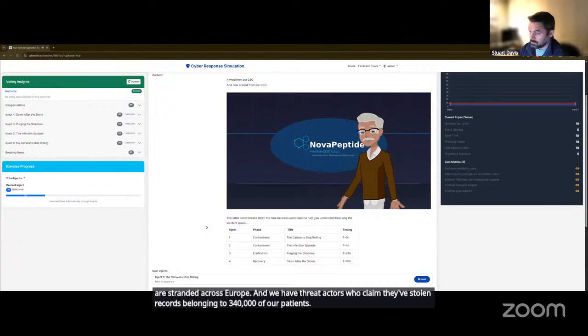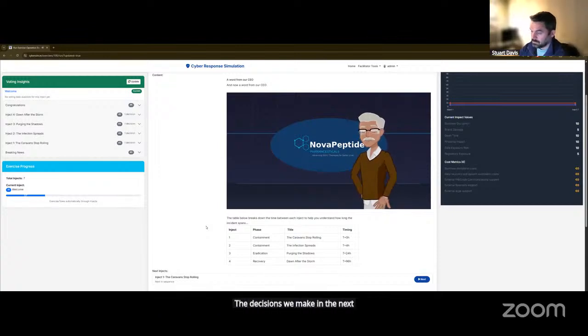The decisions we make in the next 96 hours will determine whether patients get their medication, whether their data stays protected, and frankly, whether this company survives. I need your expertise. I need your honest input. No idea is off the table, and no concern is too small to raise. We're going to work through this together, one decision at a time. Let's begin.